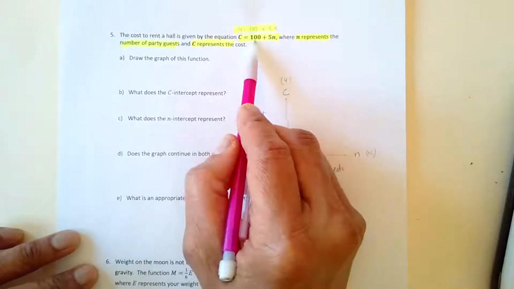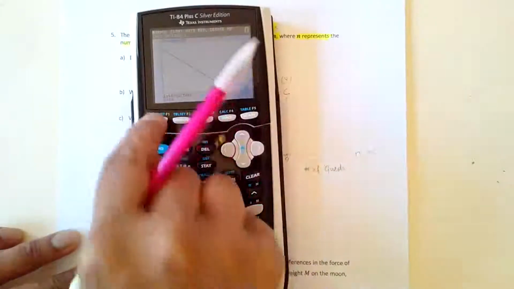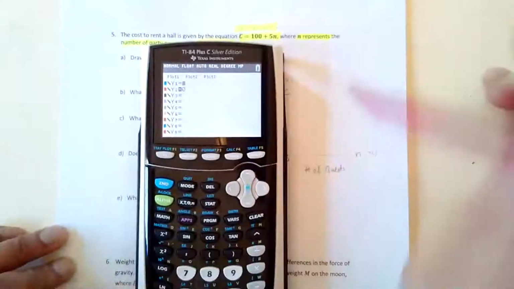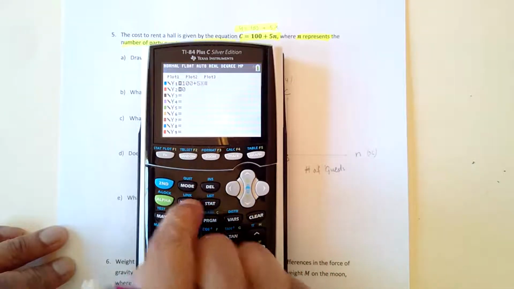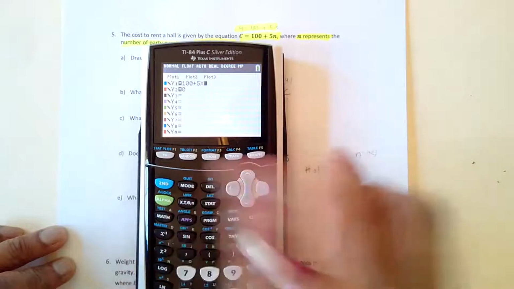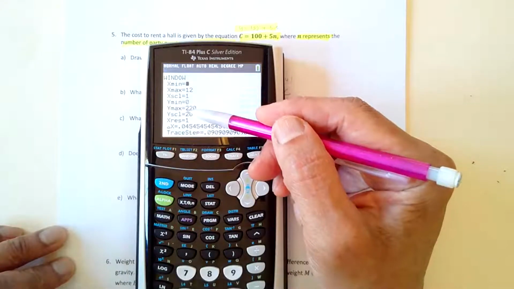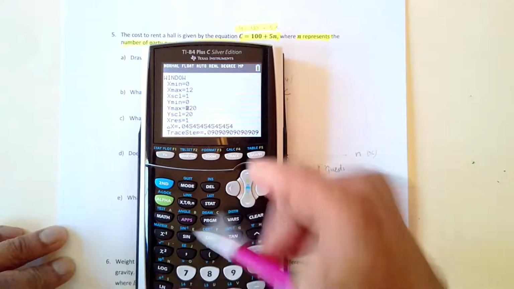So I'll have to enter this into my calculator. And I'll use a graphing calculator in this instance. So I'm going to go y is equal to, now I'll just enter this 100 here, plus 5x, graph. Notice my window now, I don't want to go higher than 100 because it doesn't make sense realistically. I'll change my scale back to 1.